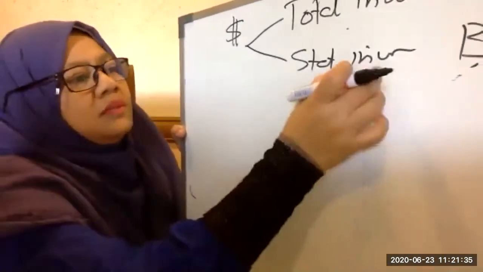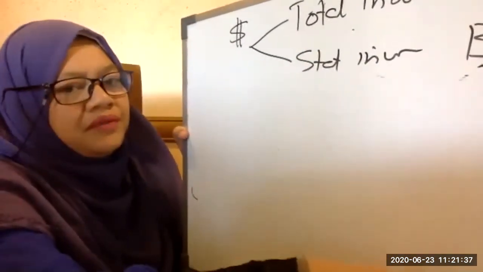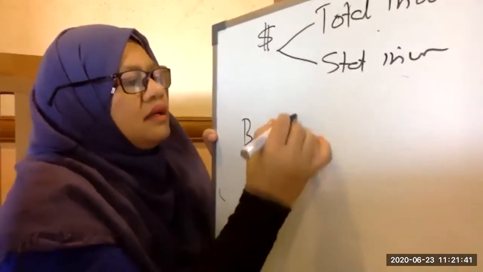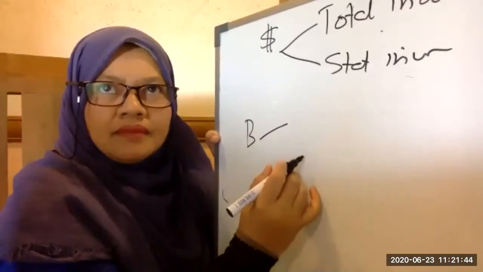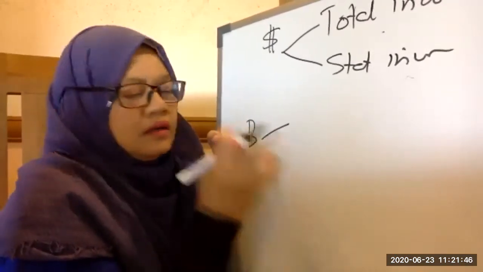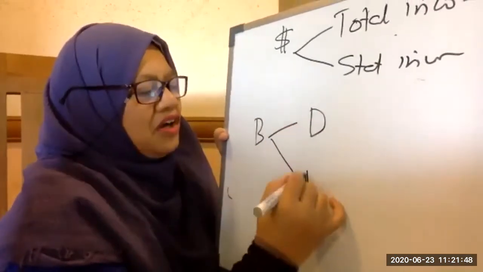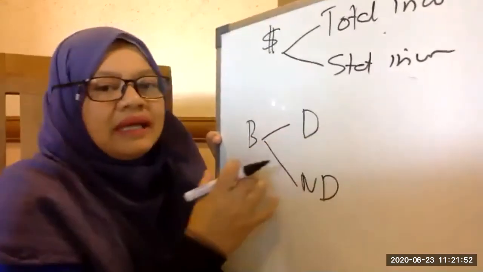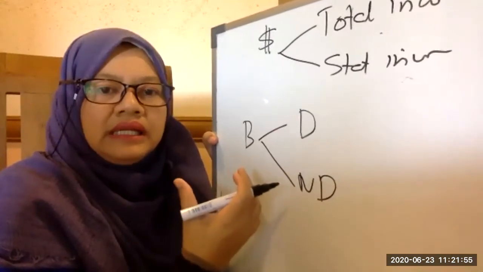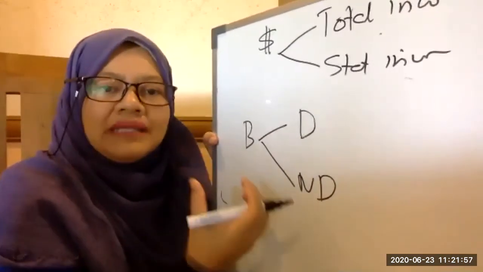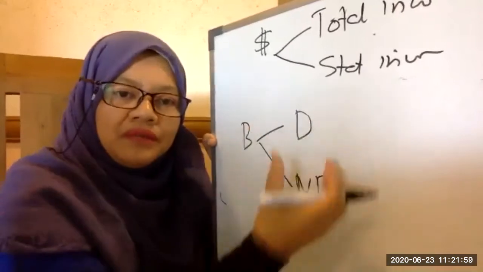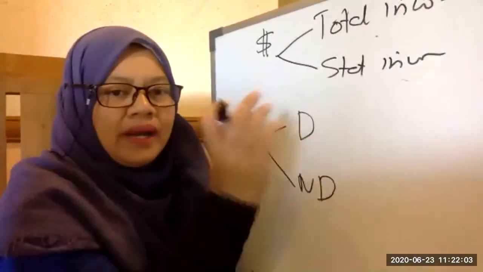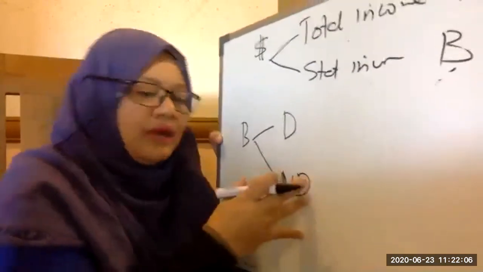So when you want to determine how much is the statutory income of the beneficiary, then it also depends whether the beneficiary is discretionary or non-discretionary. Discretionary means that in the will, it's not very clear how much is the apportionment to be given to the beneficiaries. But under non-discretionary, it's very clear, 1/3, 1/2, all right?